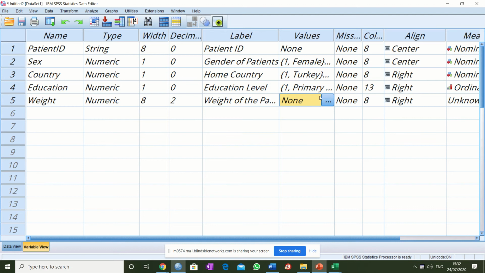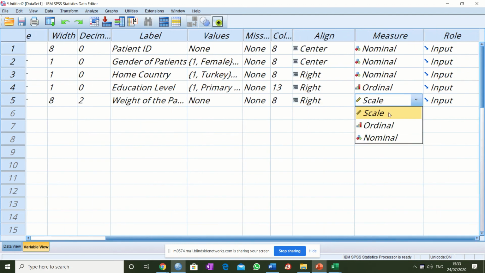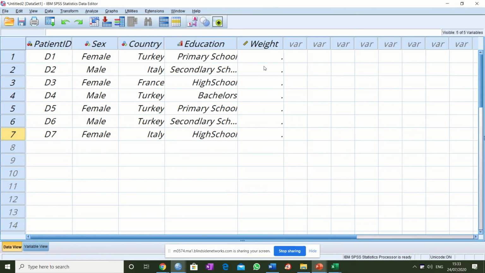So we leave it like that, and we say it's scale. Let us write, 8 digits seems a lot, but let us write some weights here, maybe 75.50.